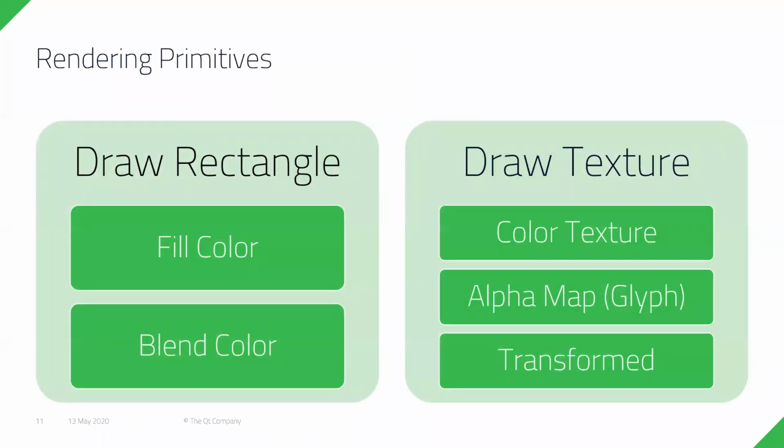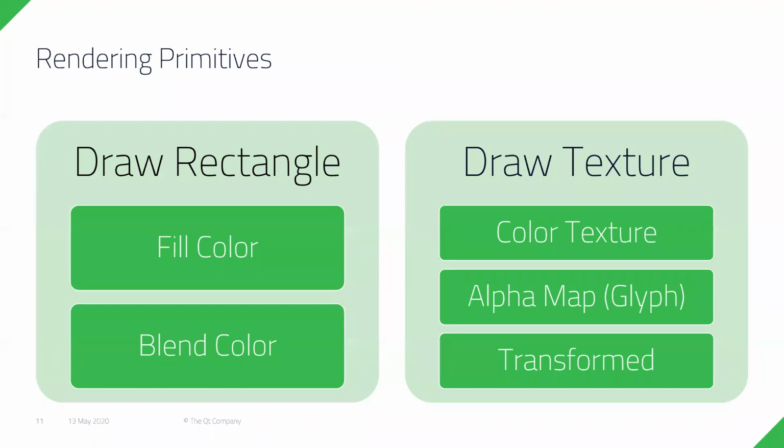It turns out that all of those 2D interfaces can really be defined in terms of primitive rendering. They can be simplified very much. So we'll say that there are two types of operations or primitives: you can draw rectangles or you can draw textures. A rectangle is just a shape.